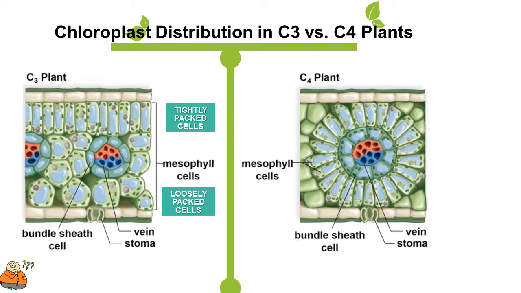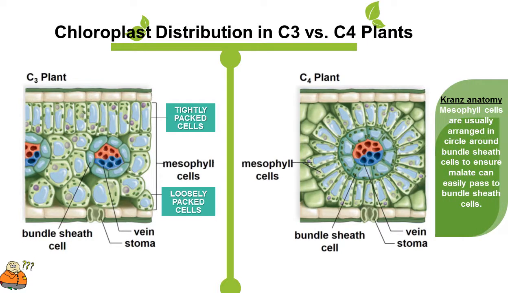See here, the bundle sheath cells have no direct access to the air, and this leaf structure is referred to as Kranz anatomy, whereby the mesophyll cells are arranged in a circle around the bundle sheath cell. This structure ensures that the organic acid can easily pass to the bundle sheath cell from the mesophyll cell.